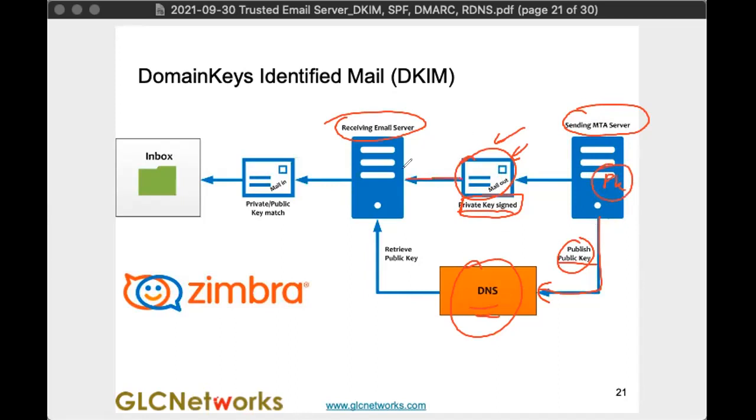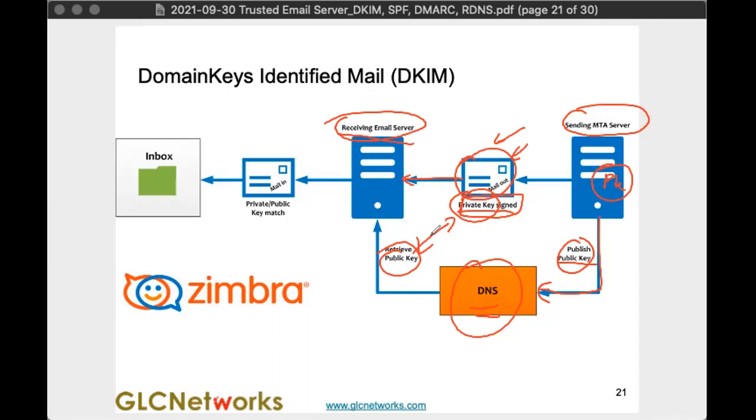When the message arrives, the recipient side email server will check. They will combine the public key and private key. Are they similar? Are they trustful? Are they connected? Are they matched? If you have a key, then you have the option of matching or not matching.